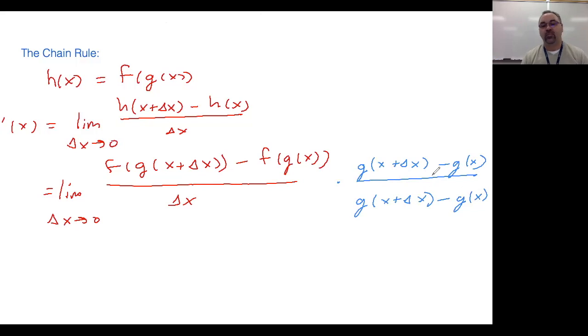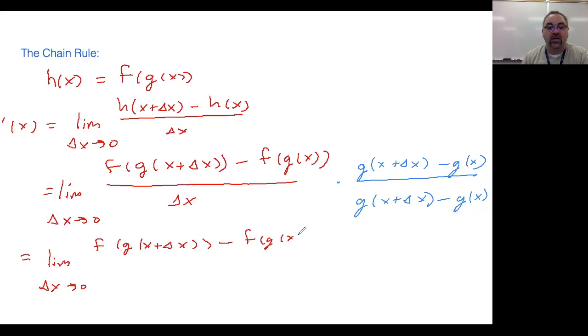Now, this is where it gets a little interesting, because I'm going to split this fraction up in a different way. It's still going to be the limit as delta x approaches 0. And my numerator is still f of g of x plus delta x minus f of g of x.